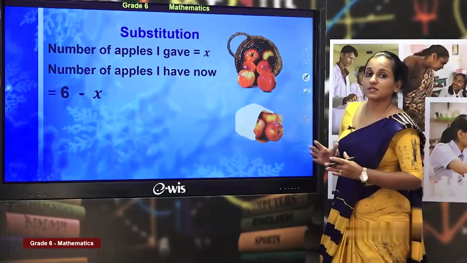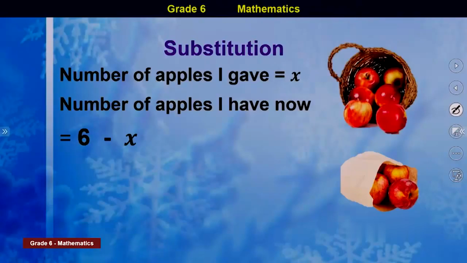Do you remember this example? I have 6 apples with me and I gave some apples to my sister.